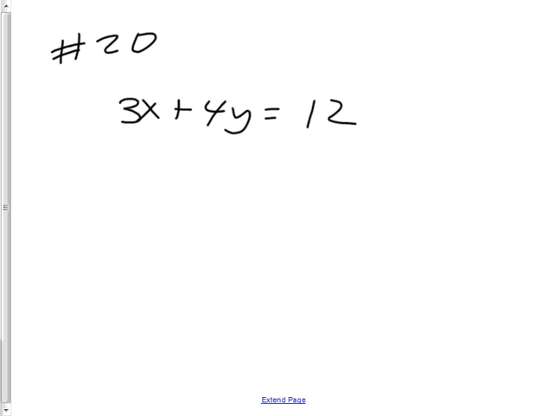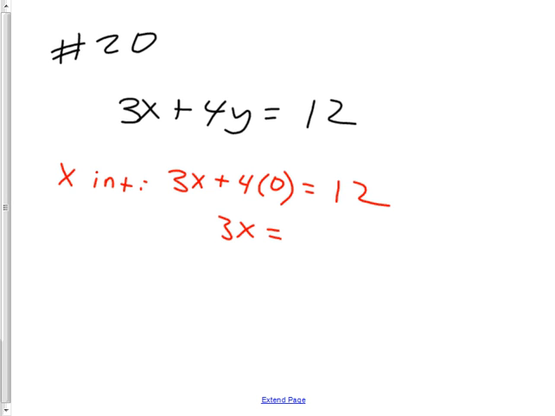So if I want the x-intercept, I'm going to go where y is 0. 3x plus 4 times 0 equals 12. If I can solve that little equation, which I bet you can, really easy, then I'll have my answer. What is it? 3x plus 0, which is 3x, equals 12. X has to equal 4. Done. So the x-intercept is x equals 4.